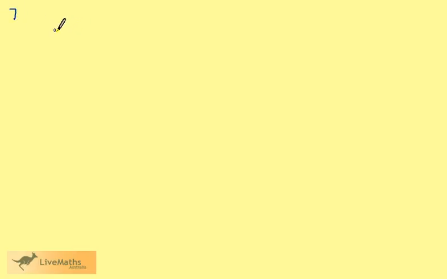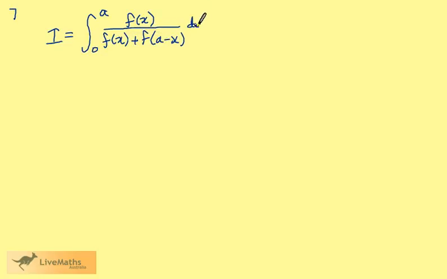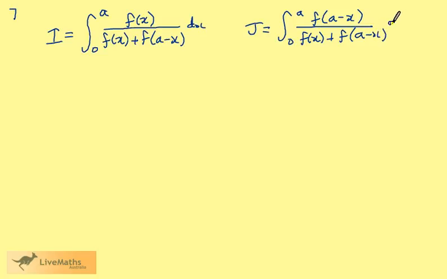Question 7. We're told the integral I is the integral from 0 to a of f of x over f of x plus f of a minus x, and that J is the integral from 0 to a of f of a minus x over f of x plus f of a minus x dx.